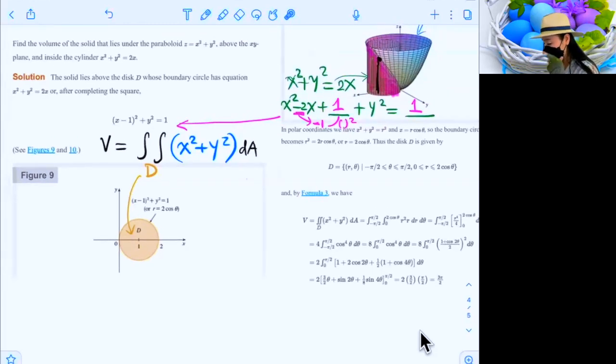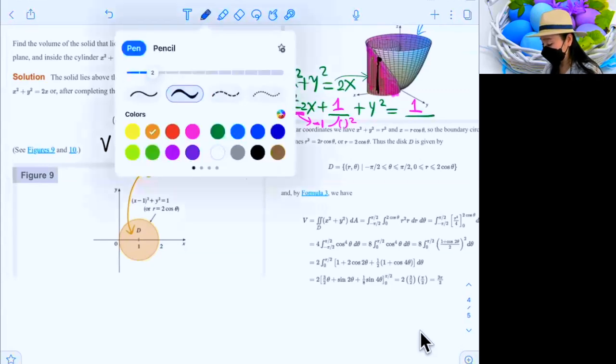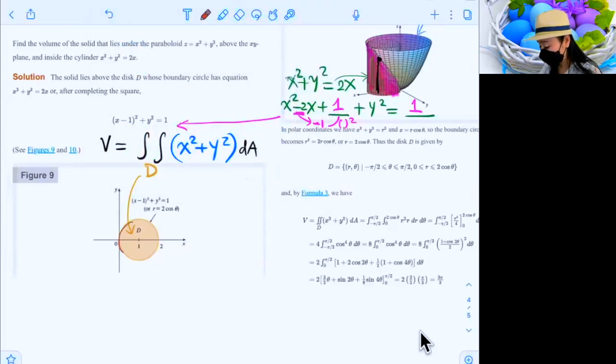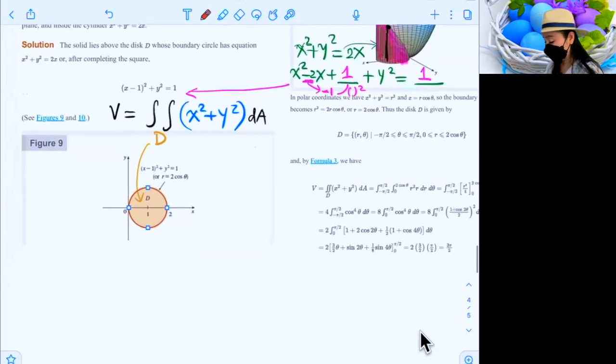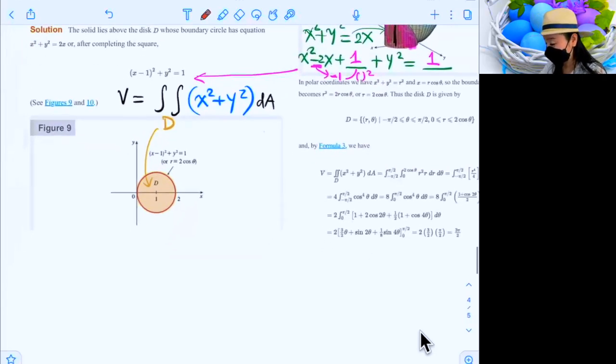What's the equation for this circle? If you remember from 110B, you have this pole over here, and then this polar axis.